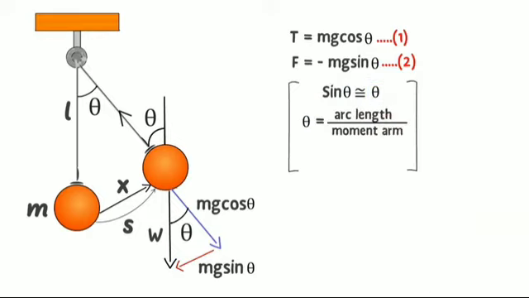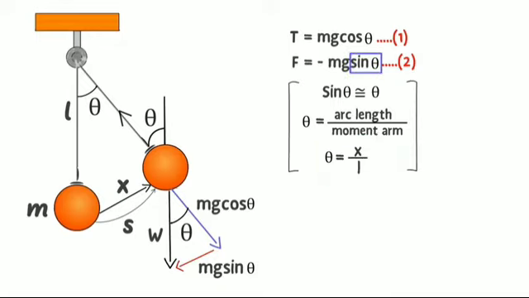Applying Newton's second law along the tangential direction, theta is equal to arc length by moment arm. So m d squared s by dt squared is equal to the tangential force. So theta is equal to x by L.